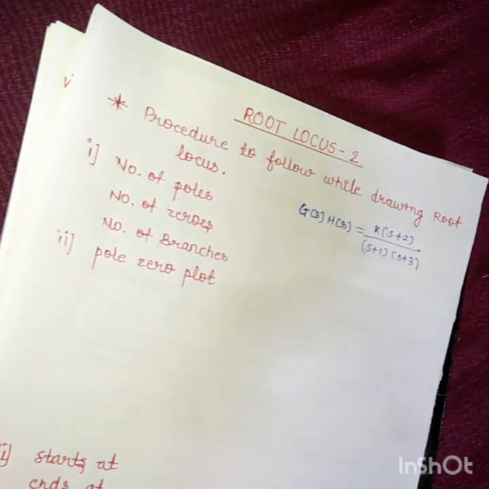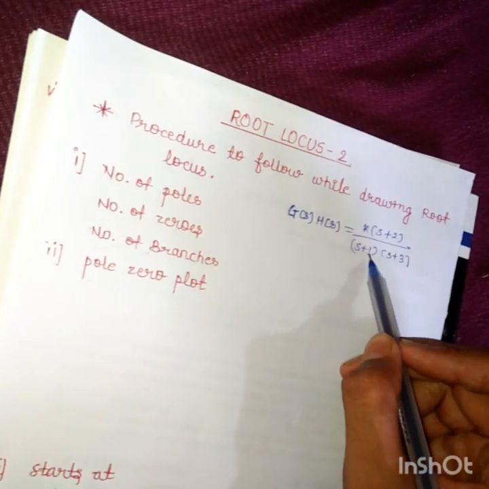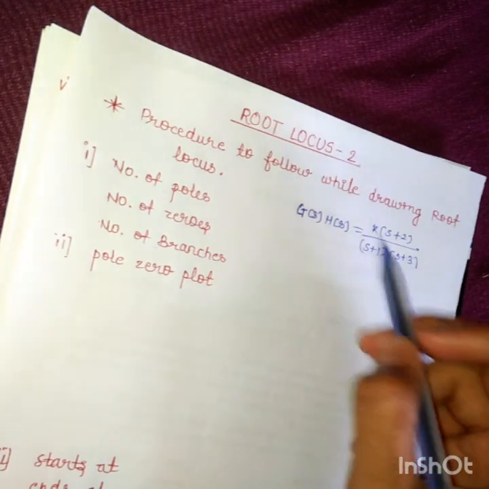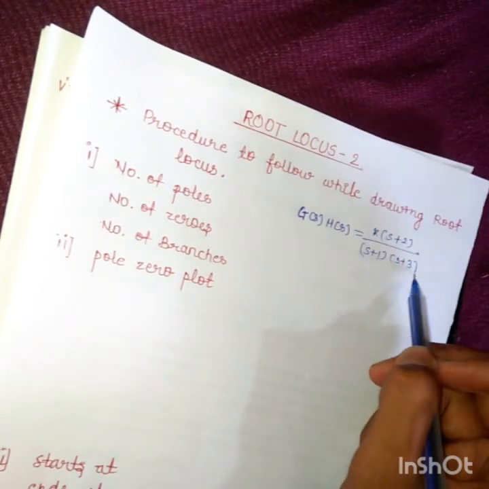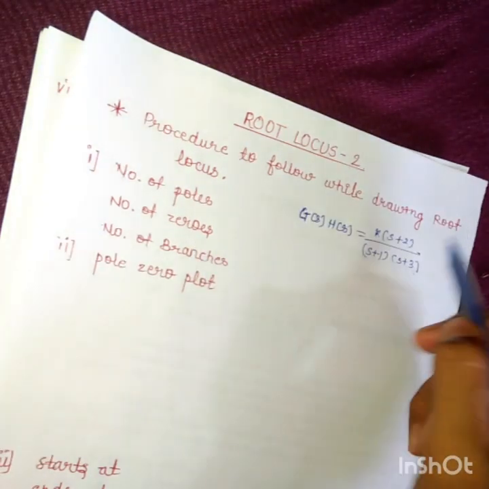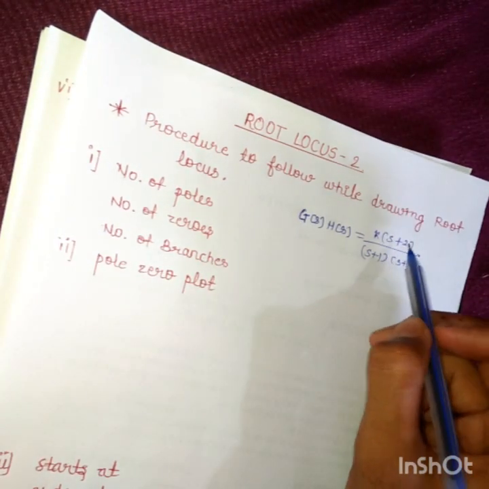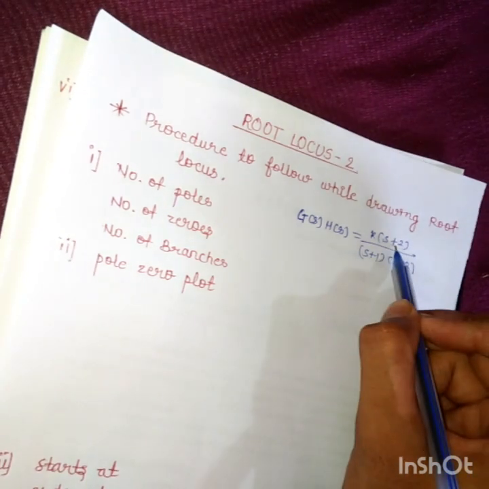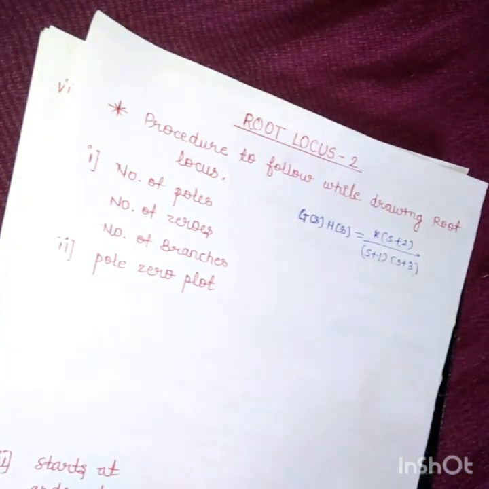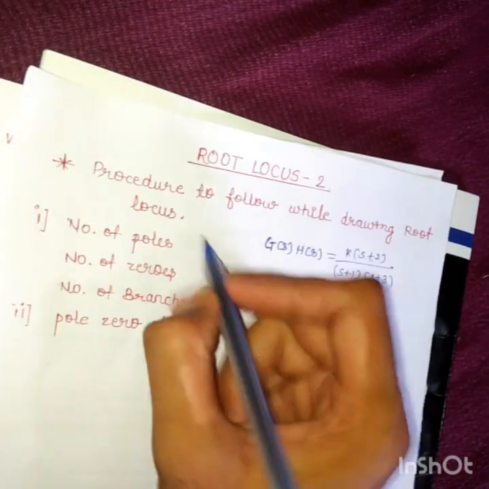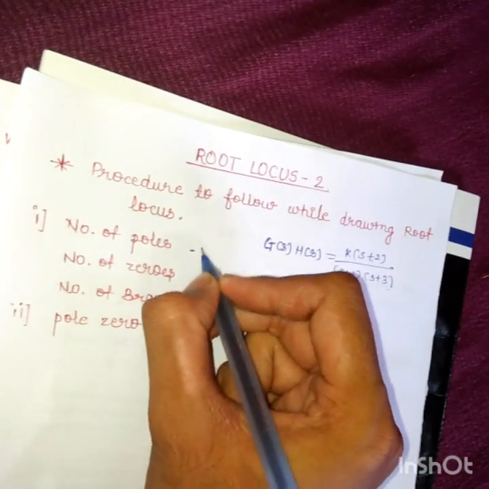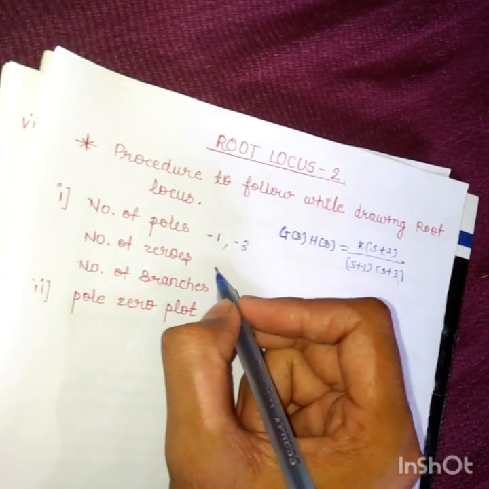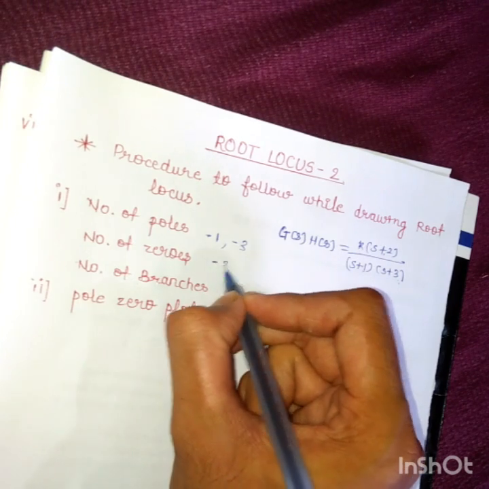Equating s plus 1 to 0 and s plus 3 to 0, the poles will be minus 1 and minus 3. The number of zeros will be only 1, that is in the numerator, and the zero will be s equals minus 2. So the poles are s equals minus 1 and s equals minus 3, and the zero is s equals minus 2.